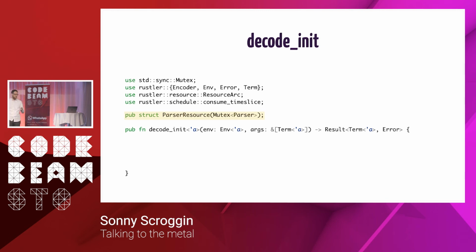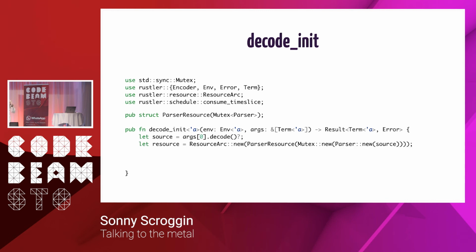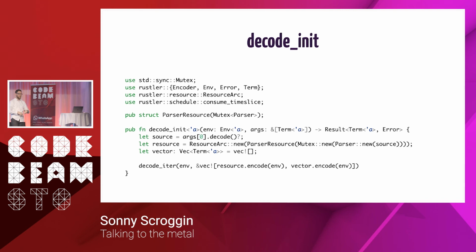Here we get our resource out of the environment, create an empty vector of terms, and then call decode iter. This is just very quickly doing the setup to create the resource, and then calling decode iter, which is the actual re-entrant NIF function.